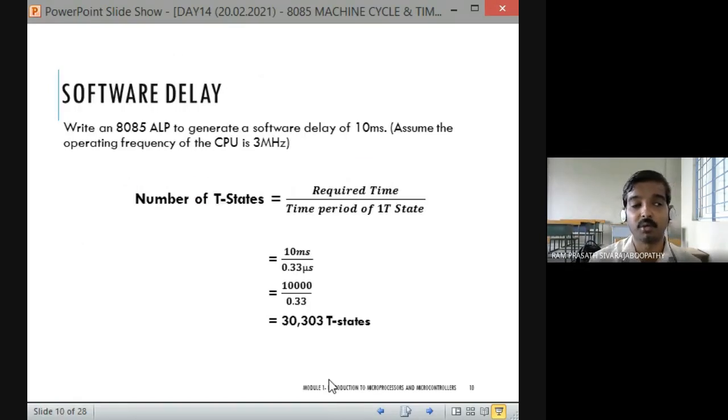So what we have to do now? Any idea? With one loop, what can't I do? I cannot generate 10 millisecond. Correct? With one 8 bit count I cannot generate 10 millisecond. So what we have to do now? What can you do now?